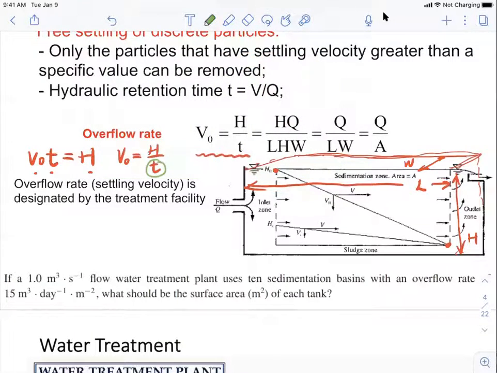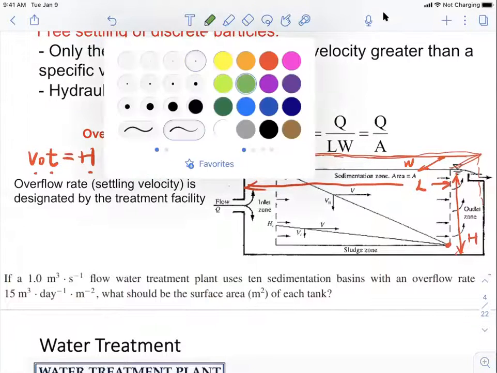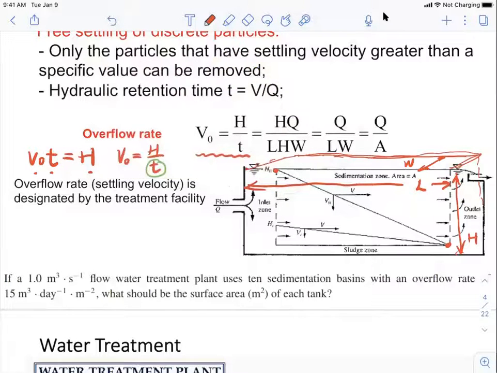Time is the retention time, or the residence time, of the particles. The residence time is related to the volume of the basin divided by the flow rate. This is a way to estimate the average residence time of the particle.